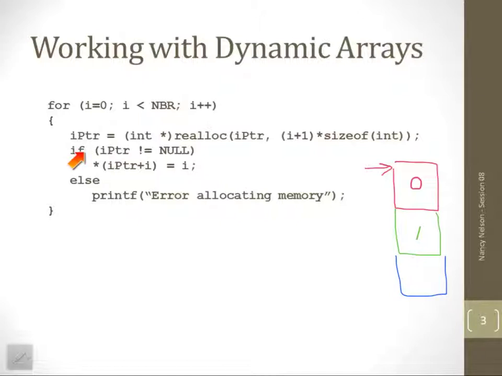It verifies that that memory allocation was successful, and now we're going to write a 2 into element number 2. So element number 0, element 1, element 2, we're going to write a 2. We come back. If number is 3, I is now 3, it fails the test and falls out.